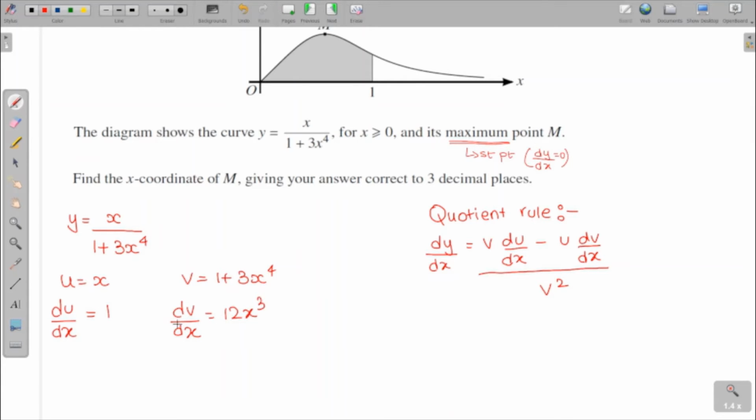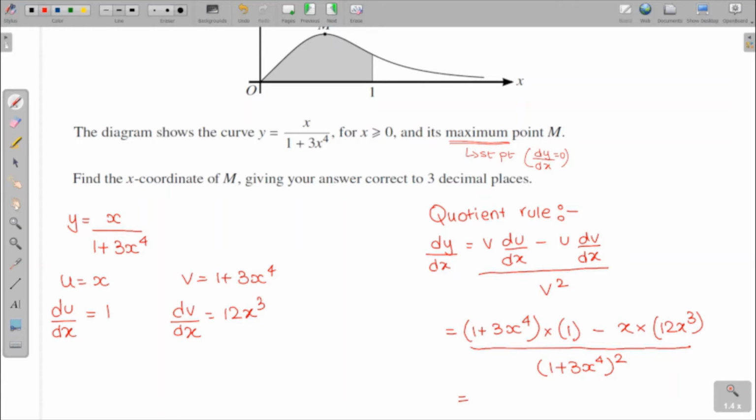So once we have got this information, we can plug it in this formula. So equal to v, which is 1 plus 3x to the power 4, into du by dx, which is 1, minus u, which is x, into dv by dx, that is 12x cube, whole thing divided by v square, that means 1 plus 3x to the power 4 whole square.